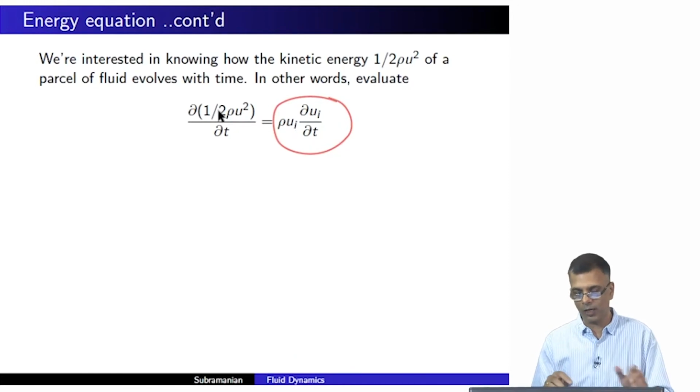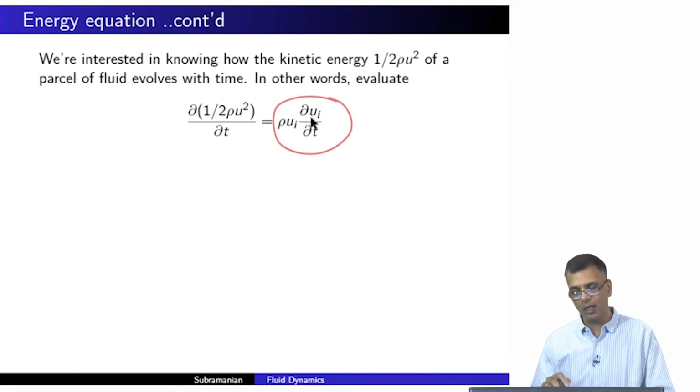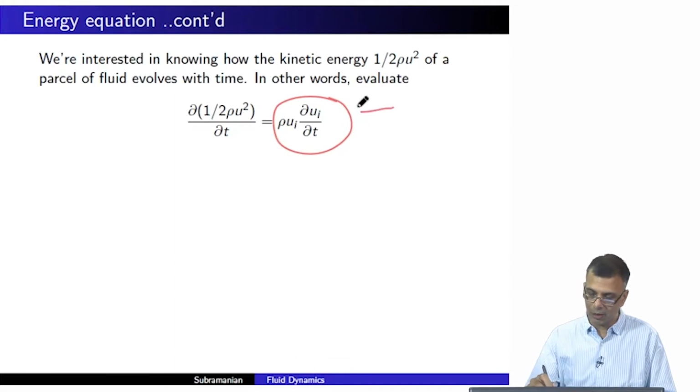And the 2 and the half cancel, and that's all this is. And since there is a repeated index, it implies a summation. So let me write this down. Summation implied.